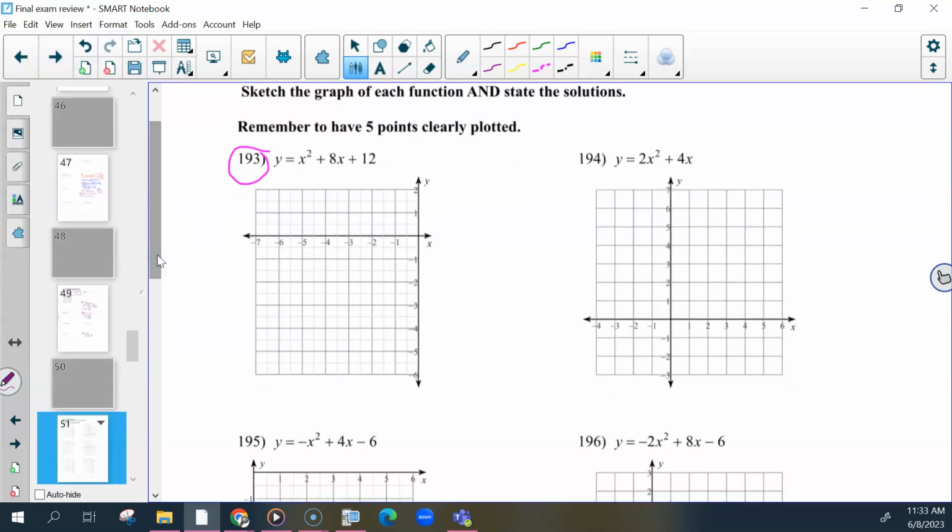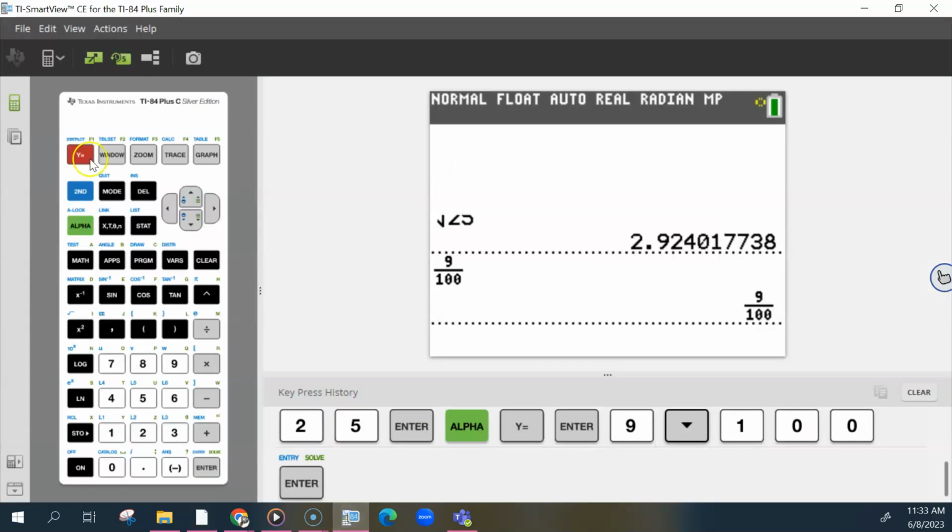Have your calculator, you need that for this. Which of these do you want to see to go over some questions about? 194. Okay. In the calculator, you're going to go into y equals.